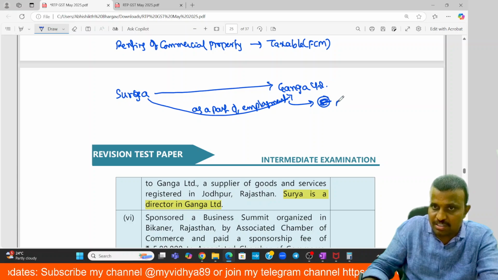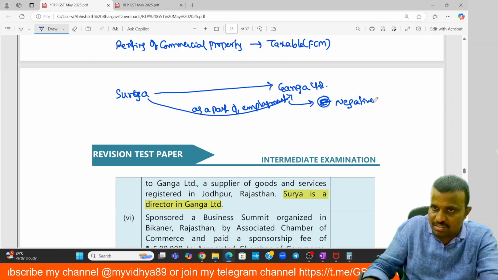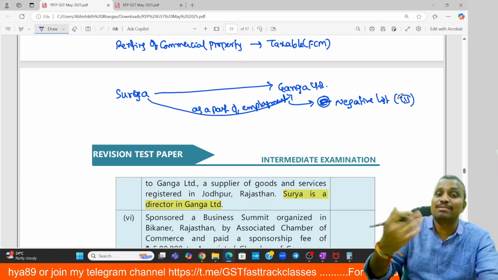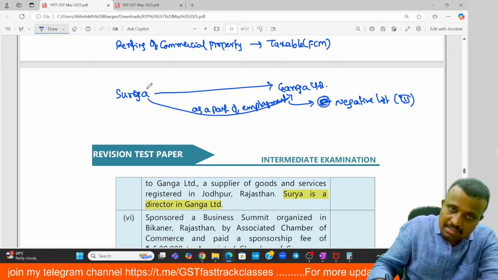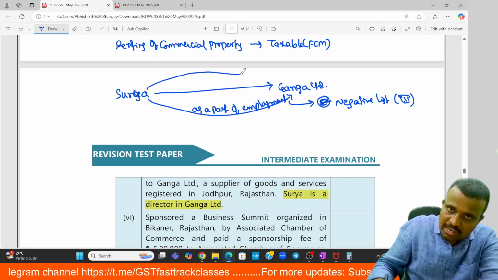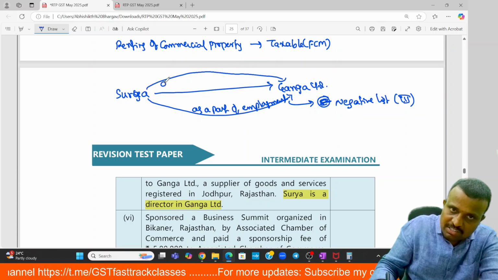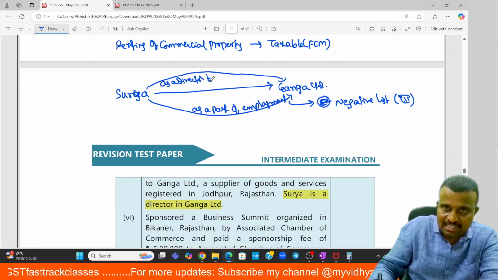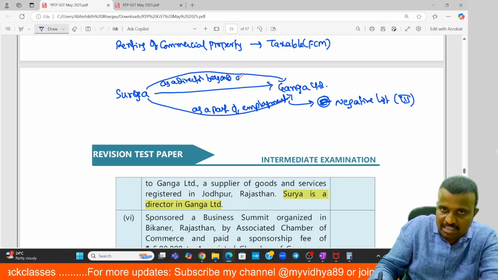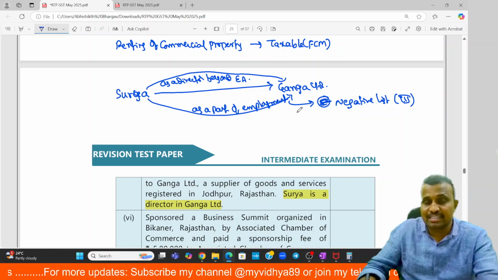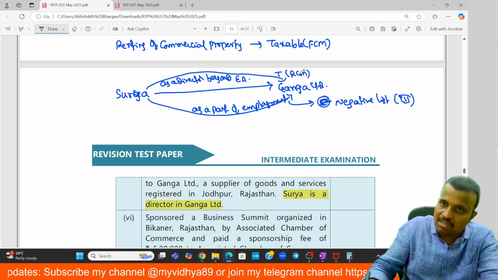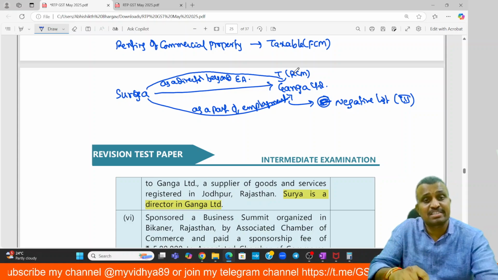So sorry, this is covered under negative list under Schedule 3 of CGST, if any services are provided as a part of the employment agreement. And second one, if Surya is providing these services as a director beyond the employment agreement, this is taxable, but under what? RCM.